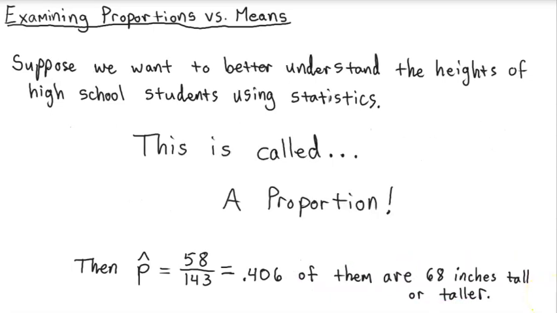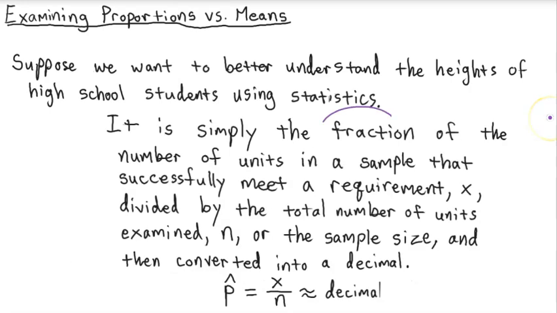This is called a proportion. The P right here stands for the word proportion. The hat means that it's from a sample, but we'll talk about that in just a few minutes. A proportion is simply the fraction of the number of units in a sample that successfully meet a requirement, which we often call x.